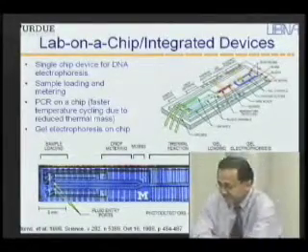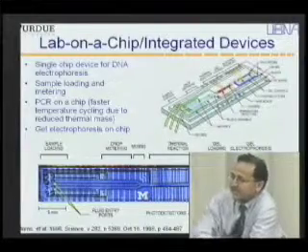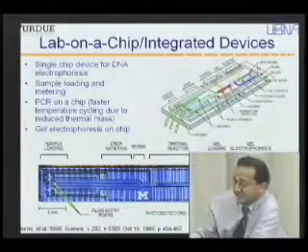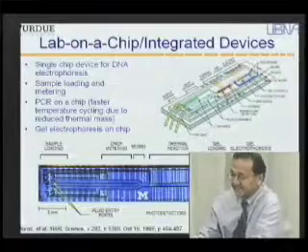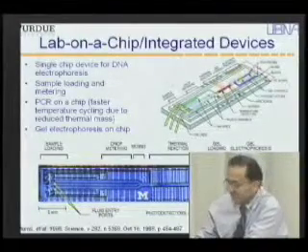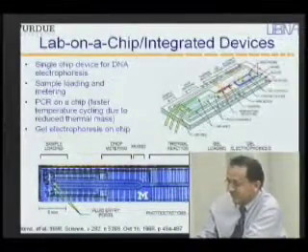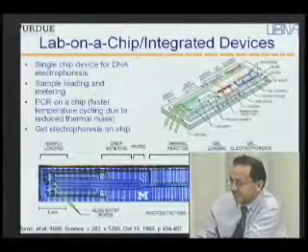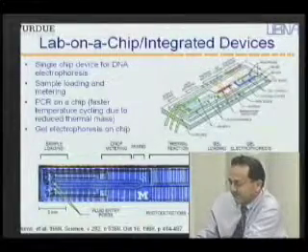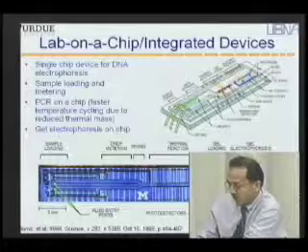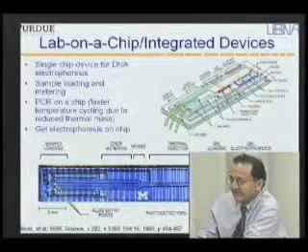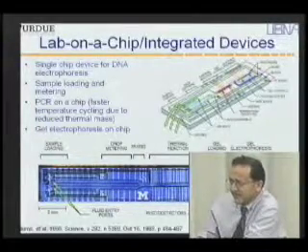This is made in silicon, where the chip was about 10 millimeters wide by many centimeters long, and the chip had these different regions. You have a sample loading region, okay? This was a silicon chip with a glass cover and with metal electrodes. You could load the sample and meter, meaning move specific quantities of the sample.